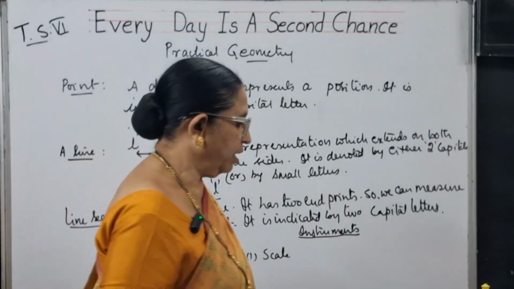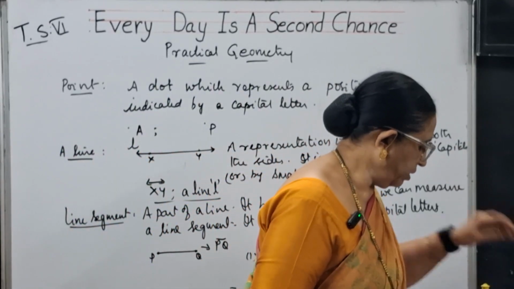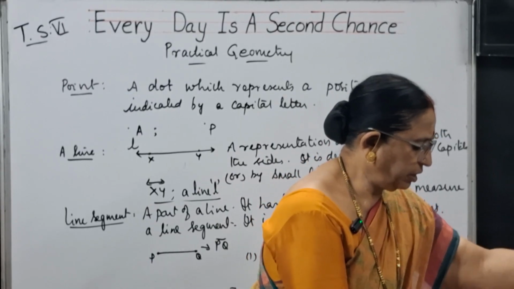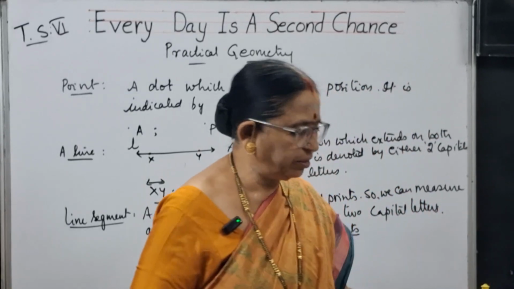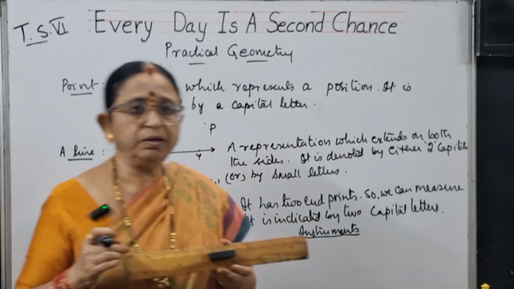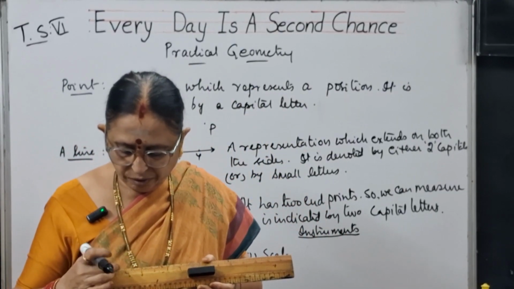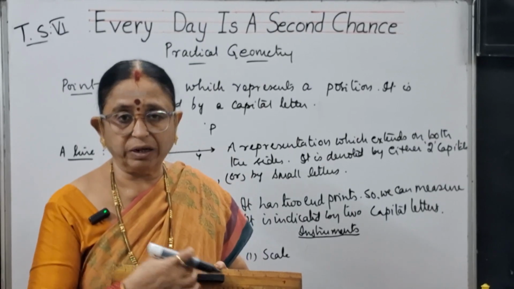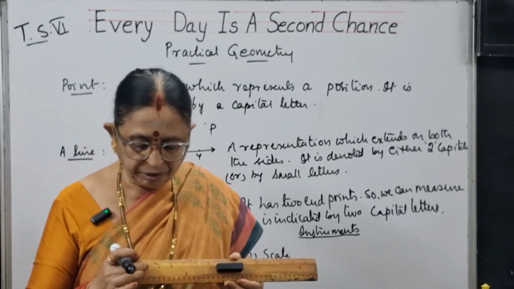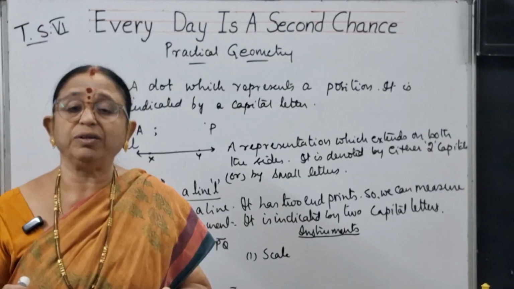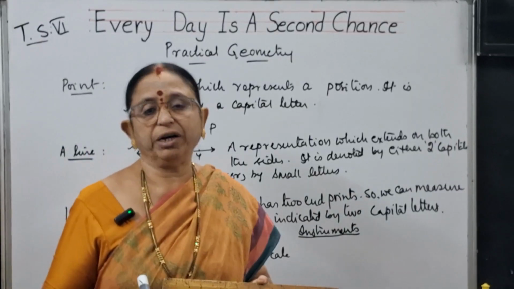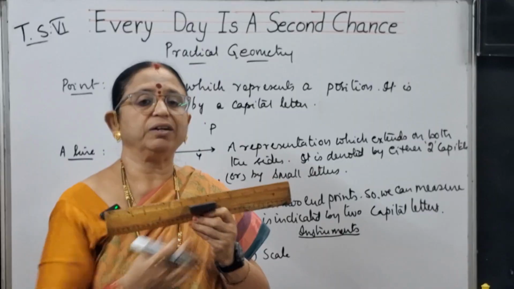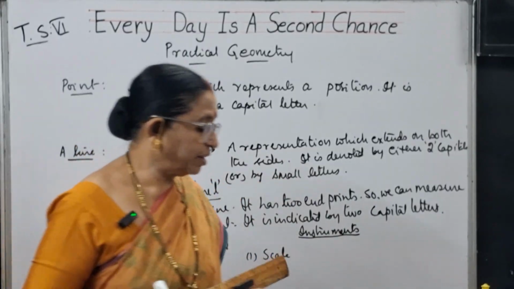A scale has measurements on one side, divided into centimeters, 1, 2, 3 and so on. Each centimeter is further divided into 10 equal parts. So this kind of measurement instrument that we use is a scale.